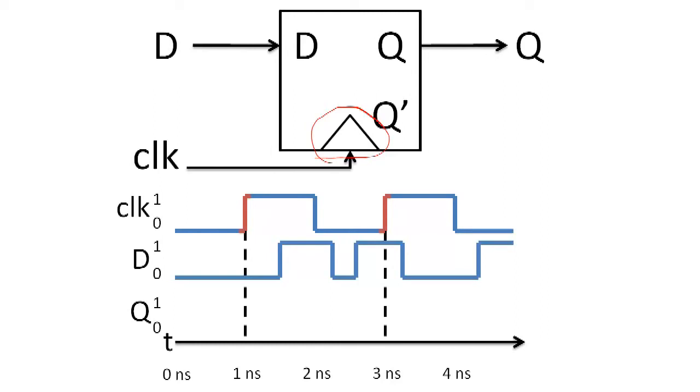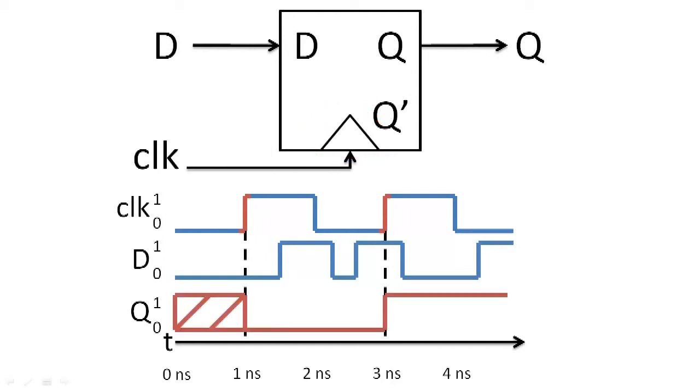So again, we do not know the flip-flop's state to start, but at the first positive clock edge, the data input resets the state to 0. Then, at the second positive clock edge, the data input sets the state to 1.